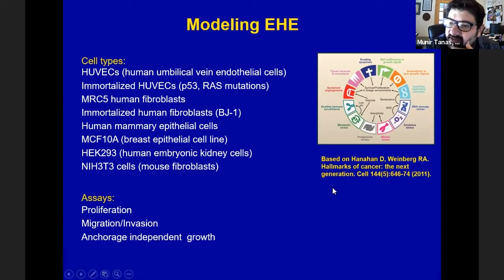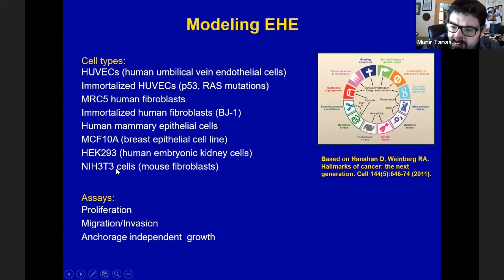This represents about a year and a half of work I did in the lab, trying to express the TAZ-CAMTA1 fusion protein in primary cells or immortalized fibroblasts and endothelial cells, and I really was unable to identify a hallmark of cancer shown here with regards to proliferation, migration, invasion, or anchorage-dependent growth, except with the NIH3T3 cells.